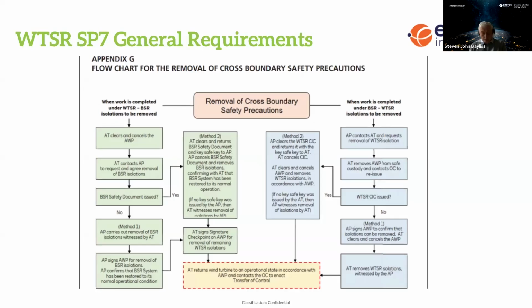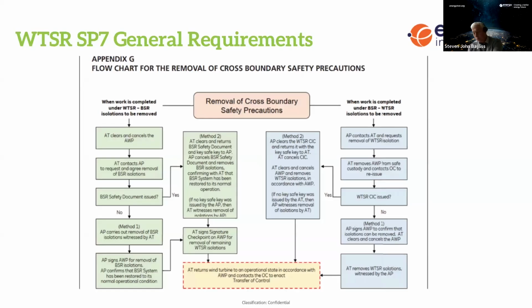So appendices B is the document we follow where there's no boundary safety rules document issued on this one. So that would be method 1, and AWP appendices C is 6.10 of the document where a boundary safety rules document is issued. That would be method 2.